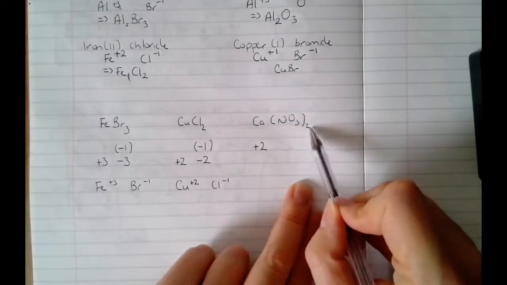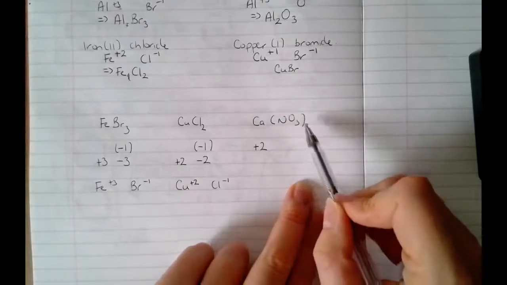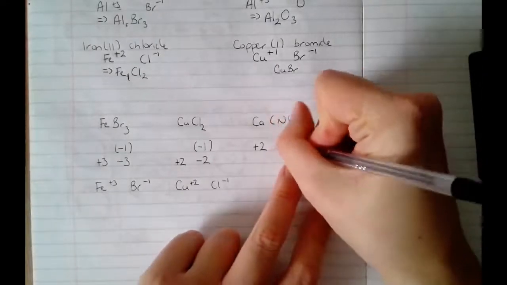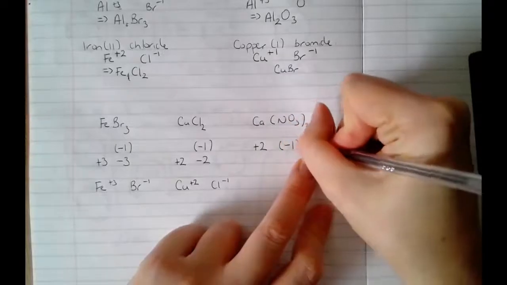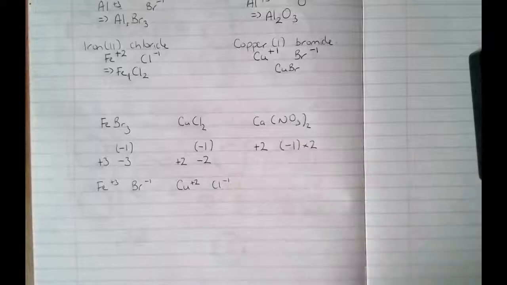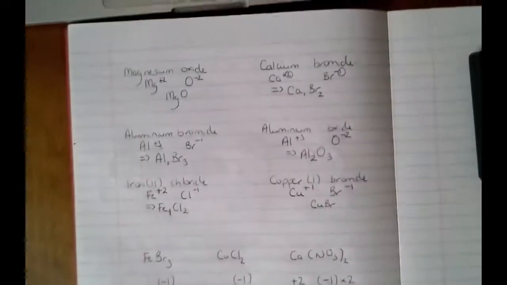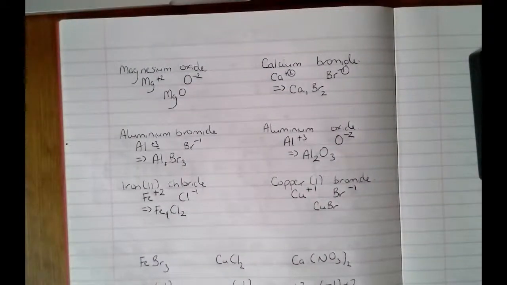If I need 2 of them, then that tells me that each nitrate ion has a -1 charge. Because if it's -1 times 2, that will give me -2 in total, which will cancel the +2 on calcium. So that's an example of using the formula to work out the charges, although you can also be given the name and be asked to work out the formula.